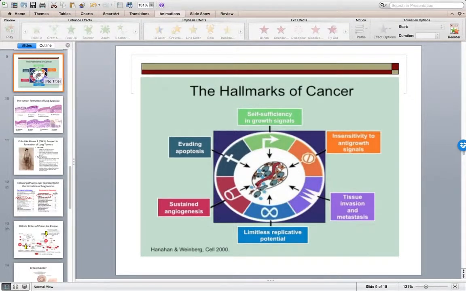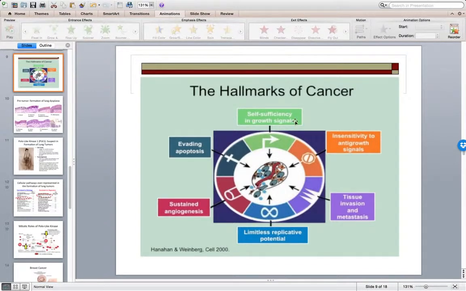It basically sits over and makes sure that your DNA is okay. It'll come in and just shut everything down if anything's screwy. What happens in lots and lots of cancers is you have to mutate that. So not only do you see P53 mutated in breast cancer, you see it in lung cancer, bladder cancer, lots and lots of cancers.